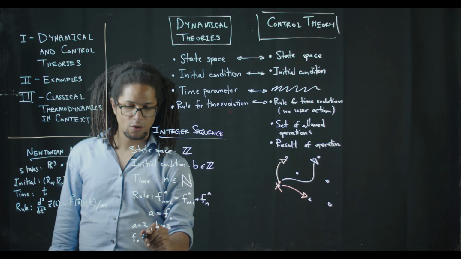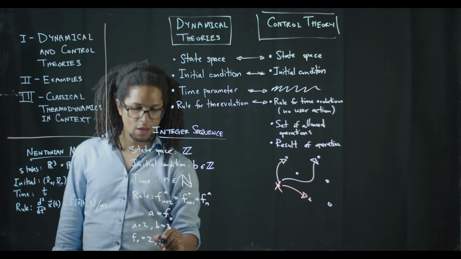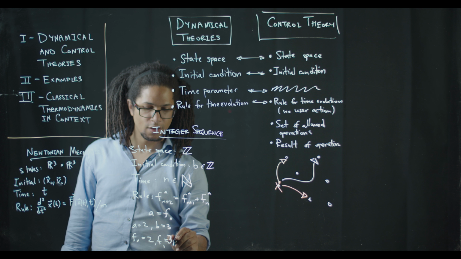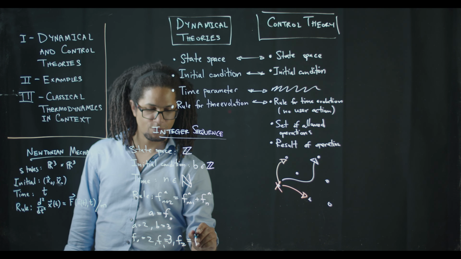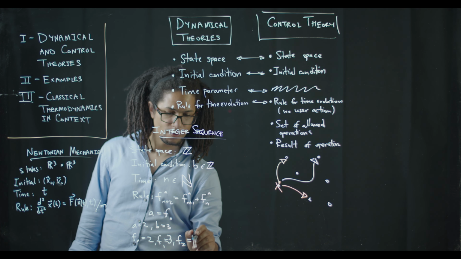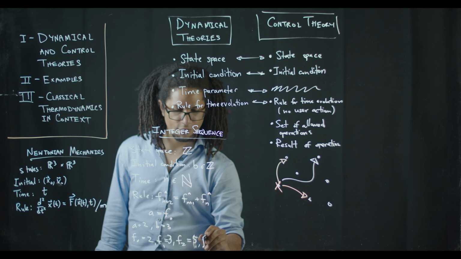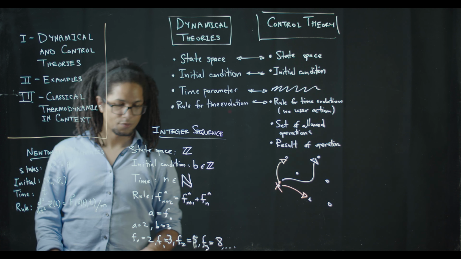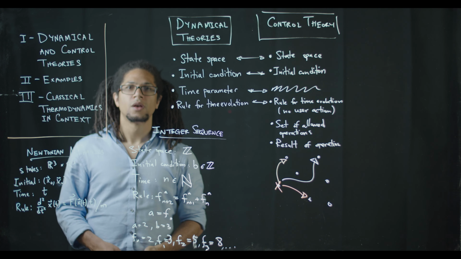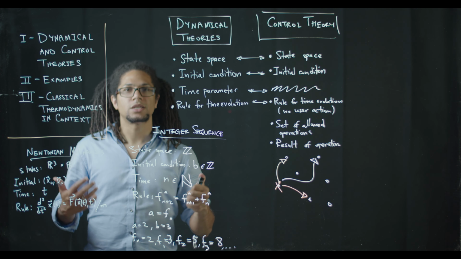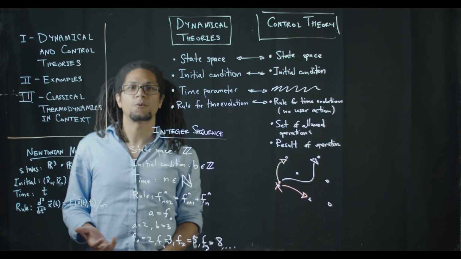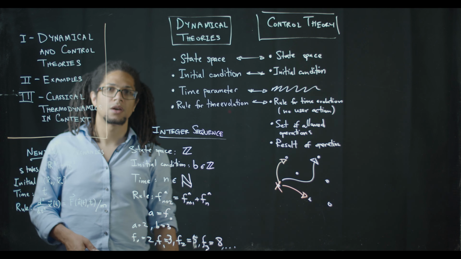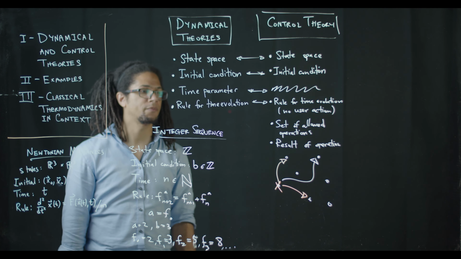Then we get f0 is equal to 2, f1 is equal to 3, f2 is equal to 5, f3 is equal to 8, and so on. So theories of dynamics don't need to be in continuous time, and they don't need to be physical. They could be anything that fits this particular set of definitions, or I should say fits this one definition.